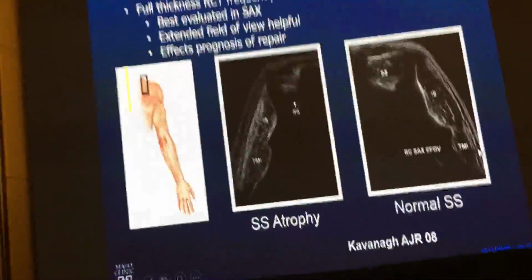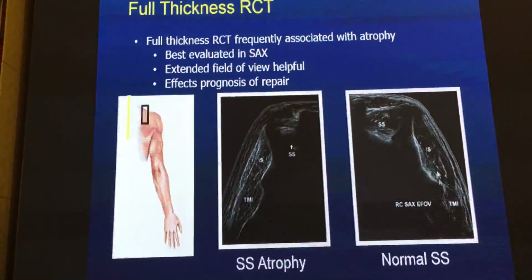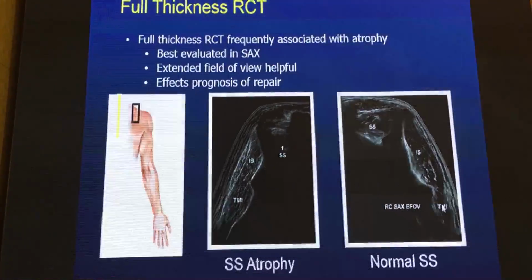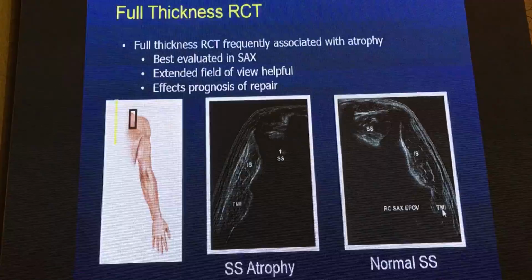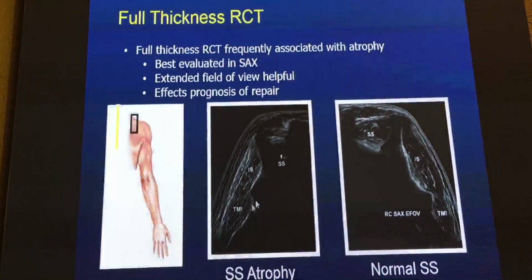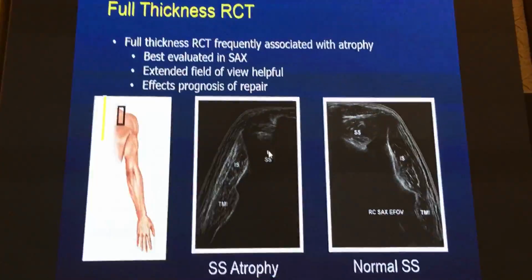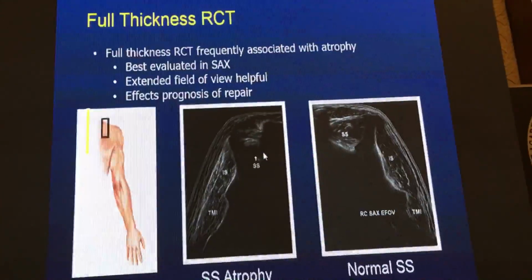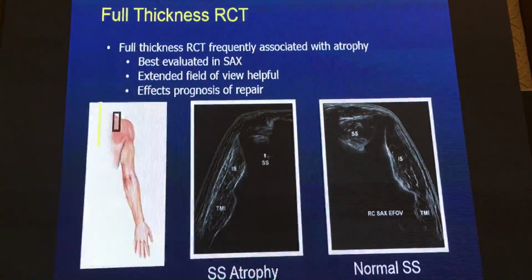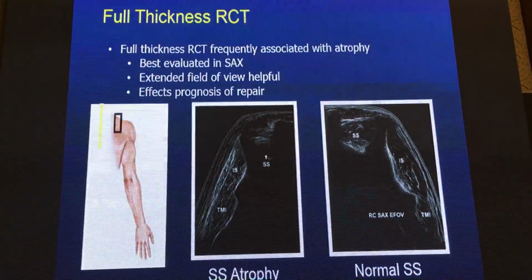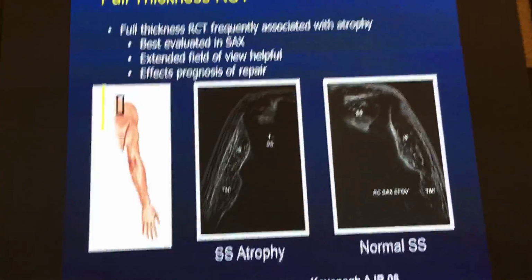And this is in the normal side. So you have a nice big supraspinatus muscle, nice big infraspinatus, and teres minor. Normally the infraspinatus should be about twice the size of the teres minor. Now on the affected side, here's the teres minor, here's the infraspinatus, and then there's this teeny little supraspinatus. That means this person had a full thickness tear of their supraspinatus with significant retraction, and now they have atrophy of the musculature and fibrofatty infiltration in that area.